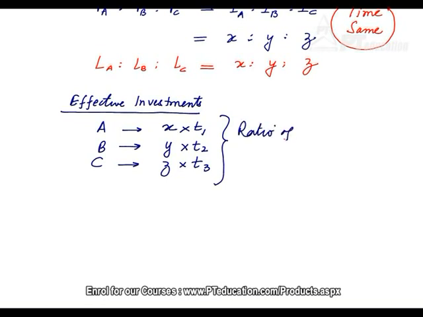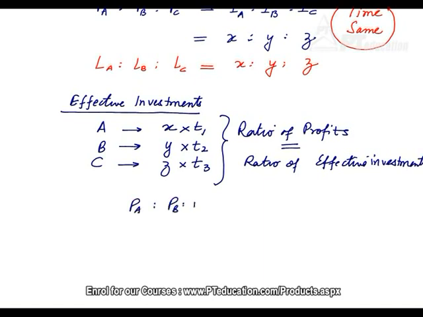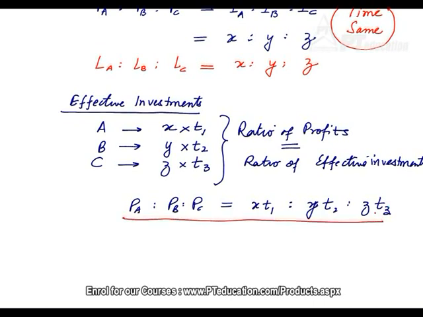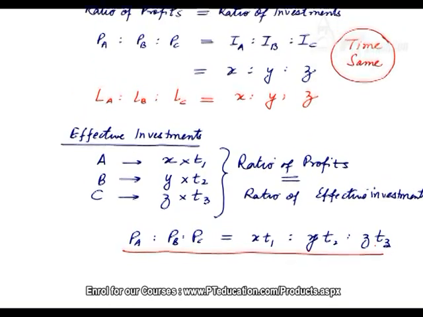Thus, the ratio of profits and hence loss will be equal to the ratio of effective investments. So, profit of A is to profit of B is to profit of C will be X T1 is to Y T2 is to Z T3. I hope that this logic is very clear to everyone.